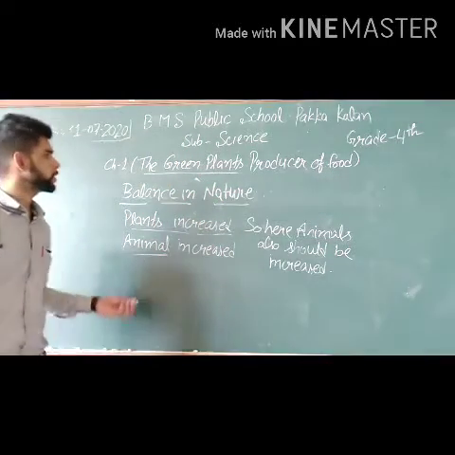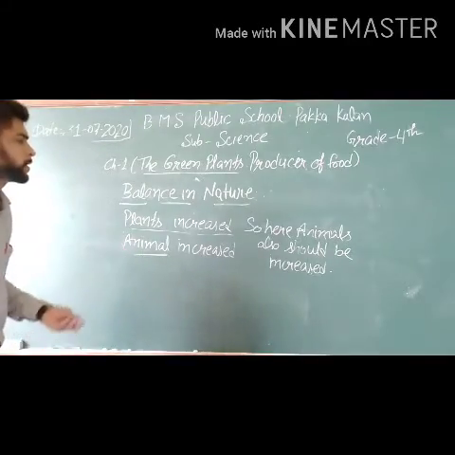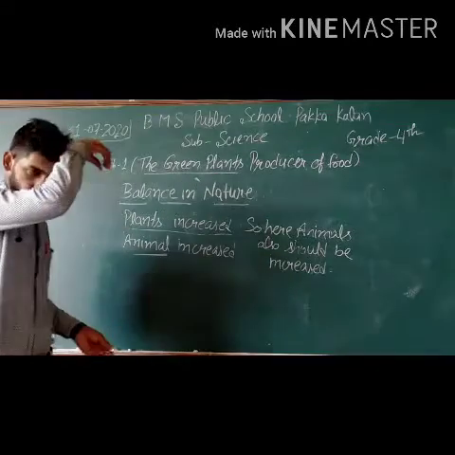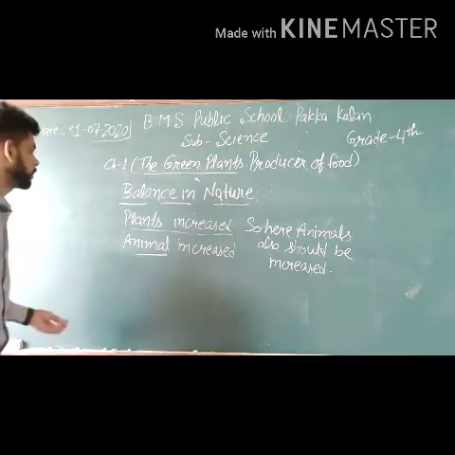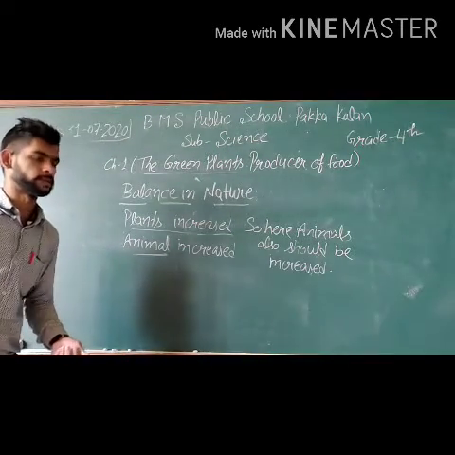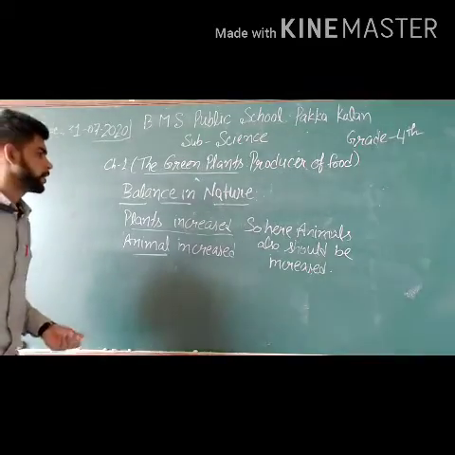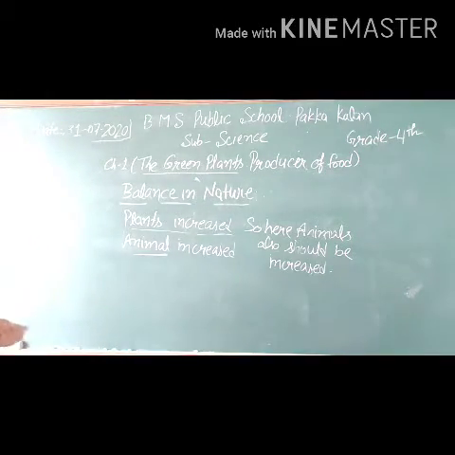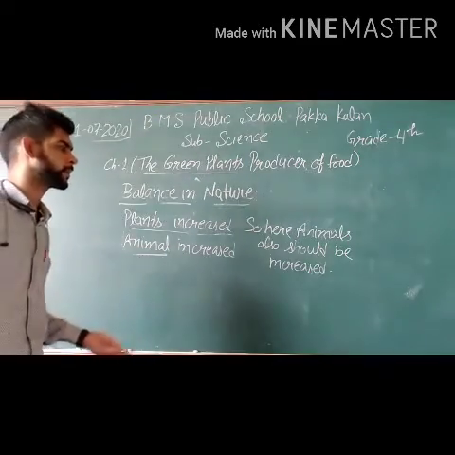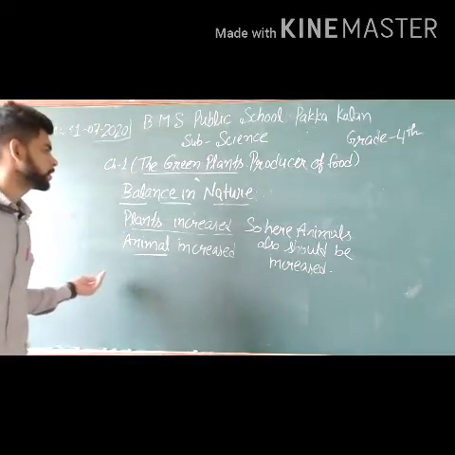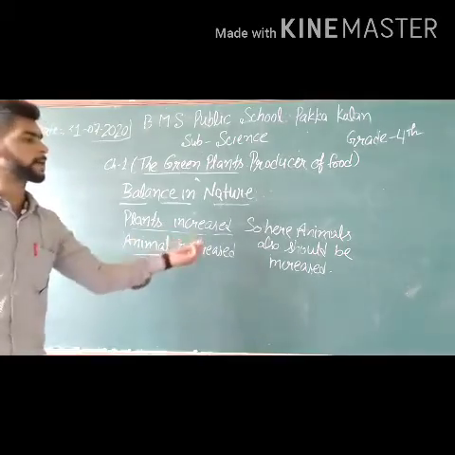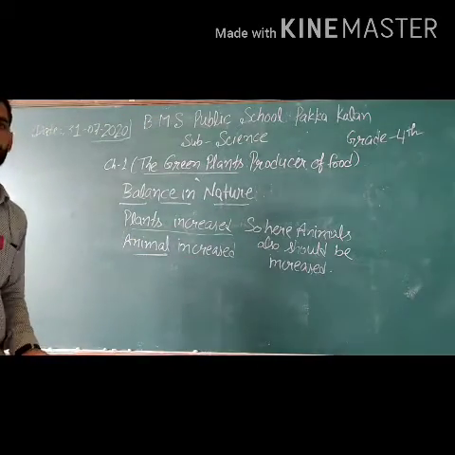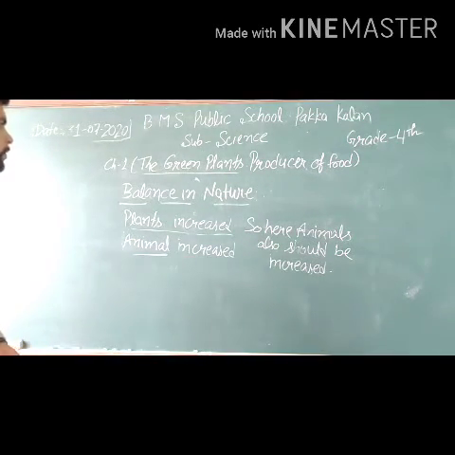So to maintain the balance, there is an equal number of plants and animals. If there is too much amount of plants or animals increased, then no one survives because they are interdependent upon each other.